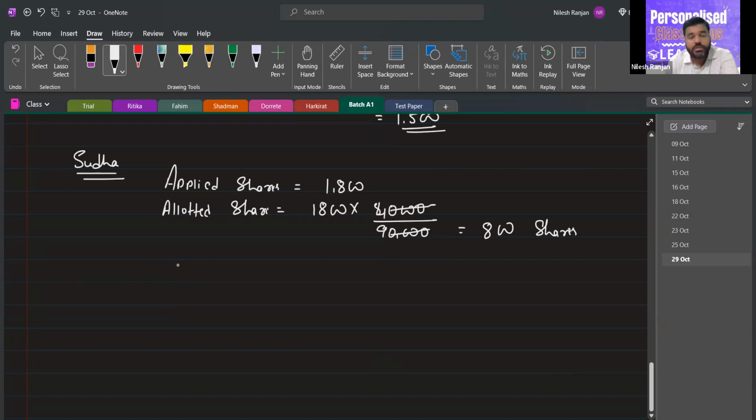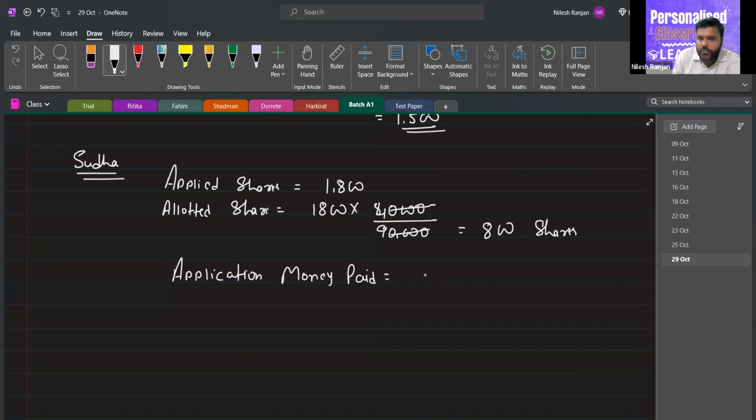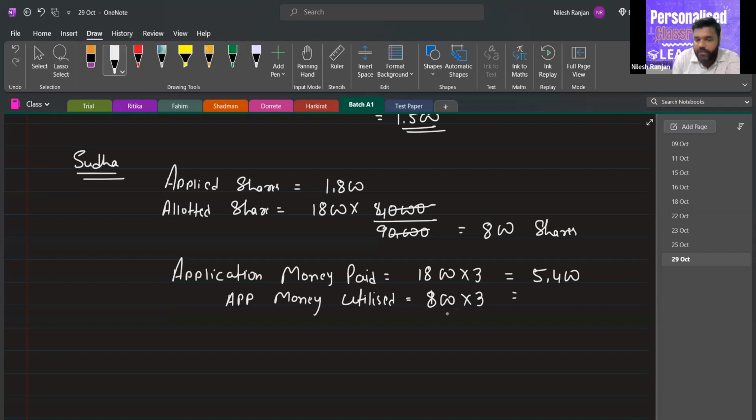Now in the question, it is said that Sudha did not pay the first call and final call. So let's check it first. Application money paid: 1,800 into 3, that is 5,400. Now application money utilized is 800 into 3. So she applied for 1800, but we have given only 800.